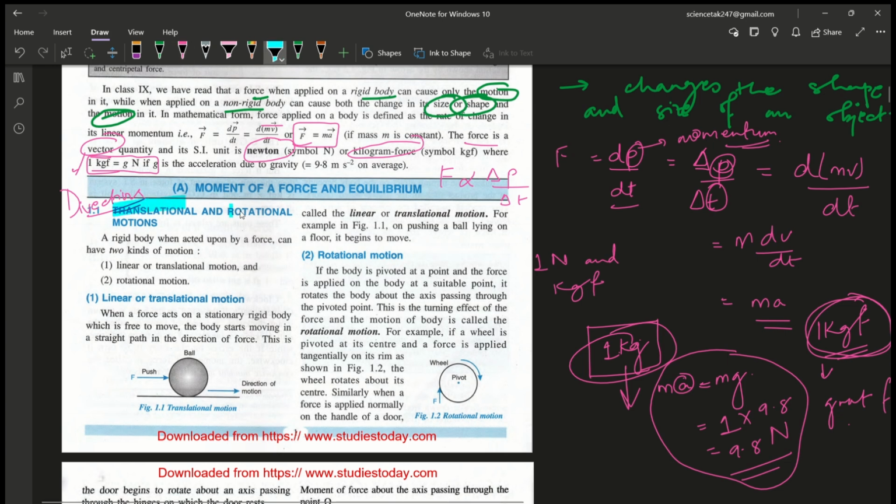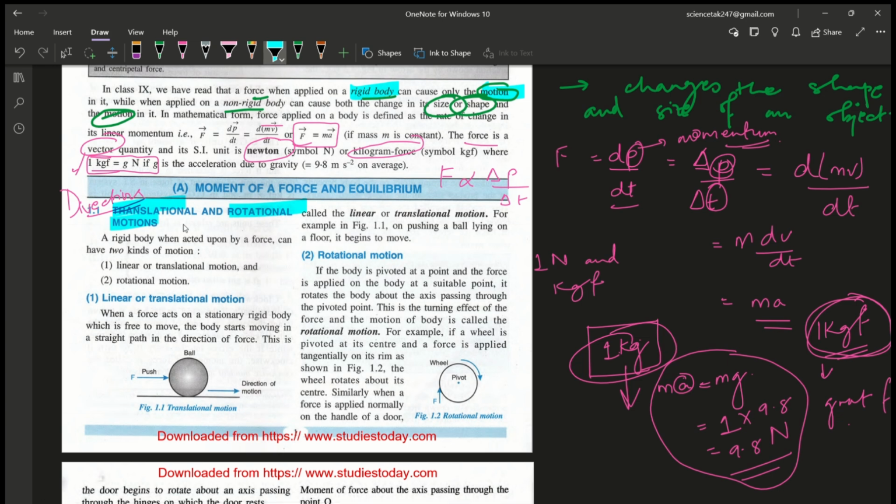Now, as we have read above, a rigid body would show motion. It would not show change in shape or size. So the motion we are going to see here is for which of the two cases?